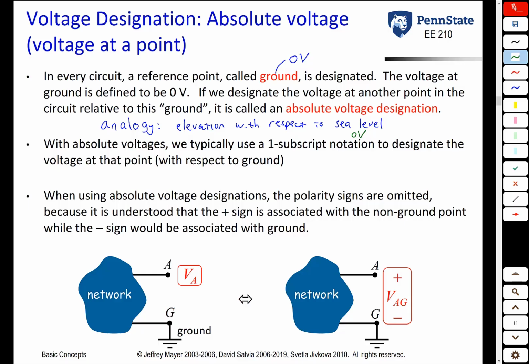So for example, if you have a situation here, you could use a relative voltage designation, VAG, which is the voltage at point A with respect to point G. Alternately, we could just use this absolute voltage designation on the left here and say VA, which is basically assuming that we have this point G, which we're going to call ground, which is the reference voltage to which we're comparing.